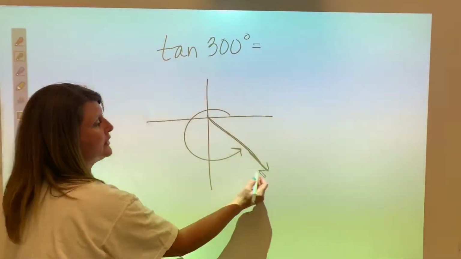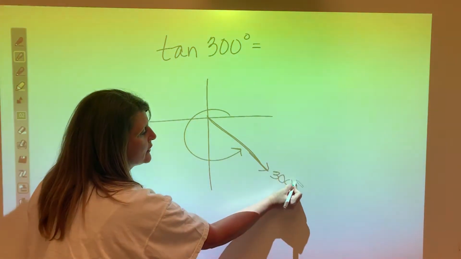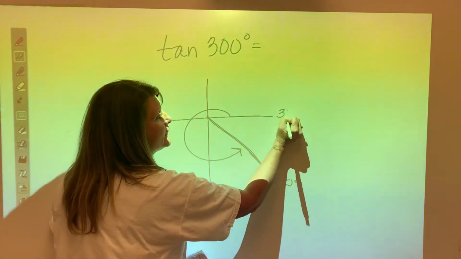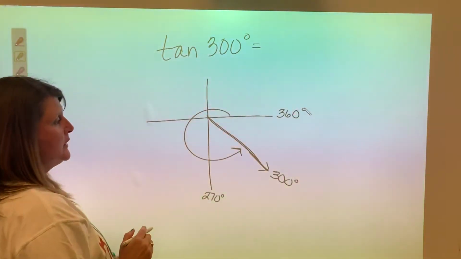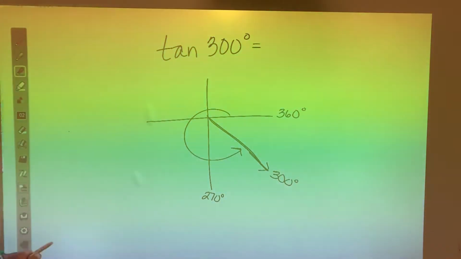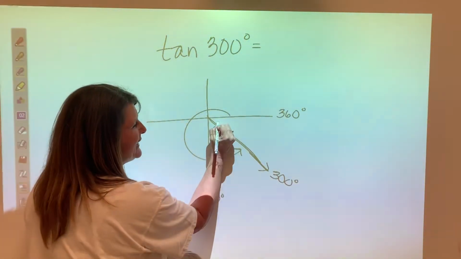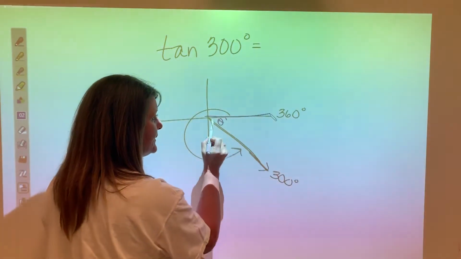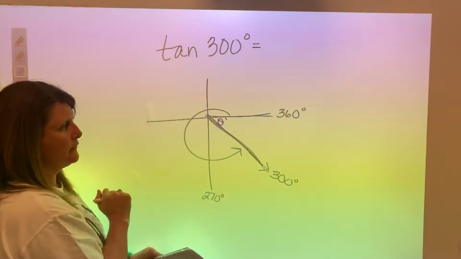Okay, so from here to here is 300 degrees. Remember, this is 270, and a full circle is 360, okay? So I've just found a 300-degree angle, and now I need this angle right here. I need the reference angle, and it's always between the x-axis and the terminal side of your angle.